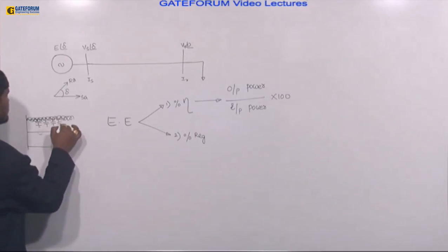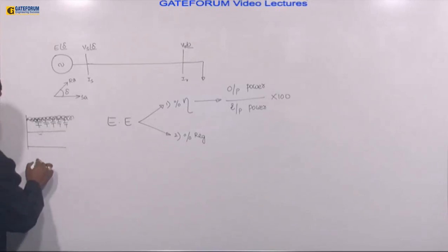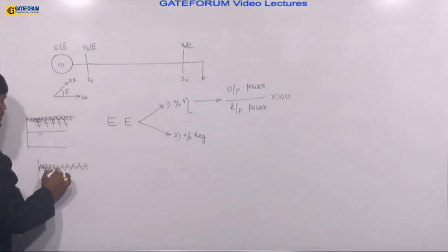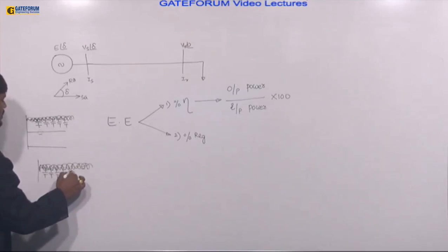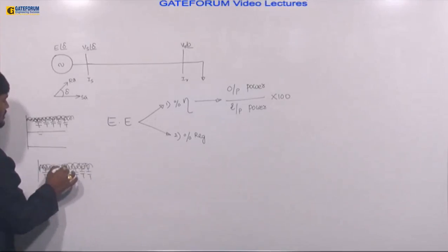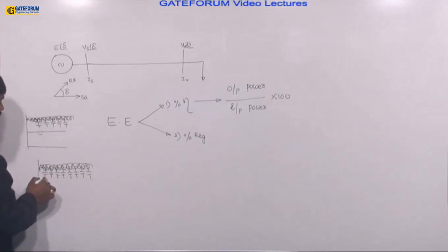So throughout the length of the line, resistance is there, and it is a series element. Inductance is there, also a series element. Capacitance is there, and it is a shunt element. The formation of capacitance is parallel. Reason: conductivity is present in the air around the conductor, up to this point it is low potential, whereas the conductor is high potential.